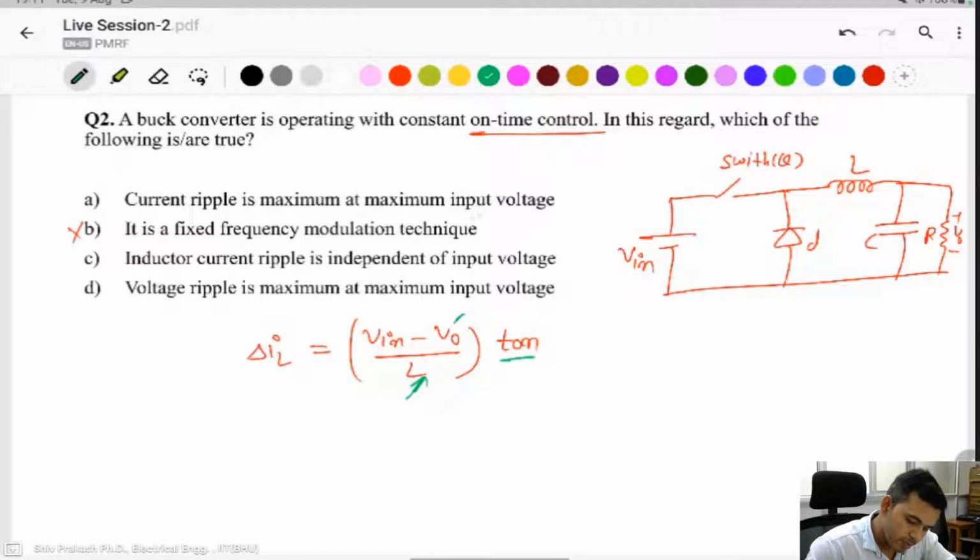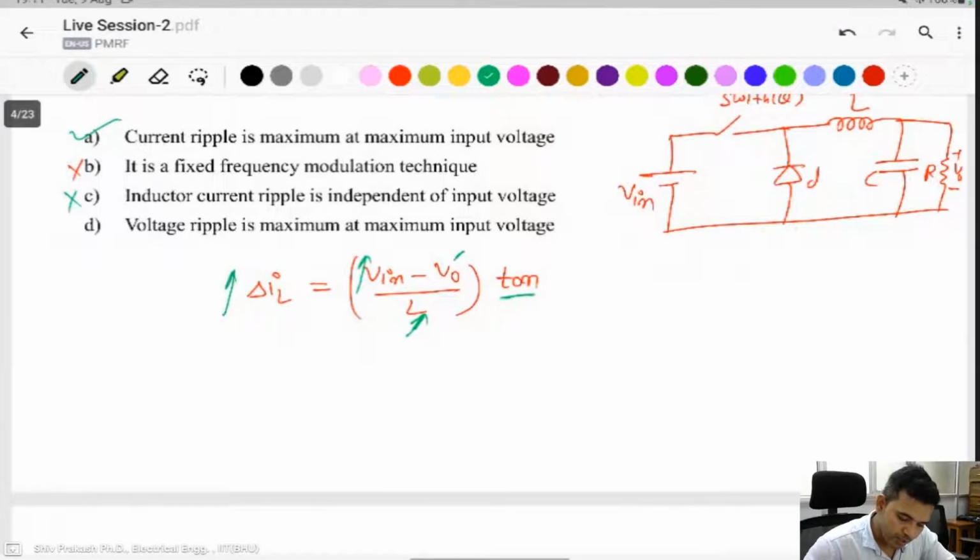Then if input voltage increases, delta IL also increases. That's why the first option is correct. Now, is the inductor current ripple independent of the voltage? No, it depends on the input voltage. That is wrong.